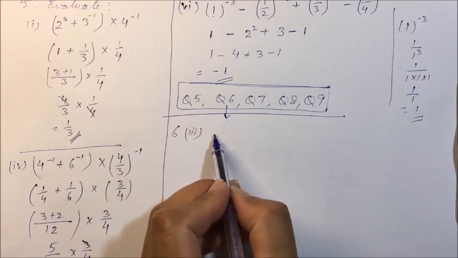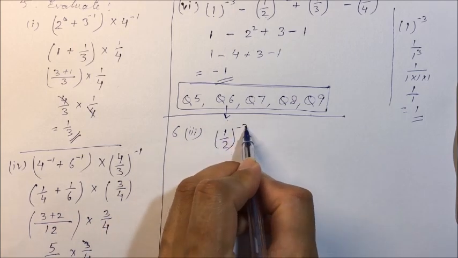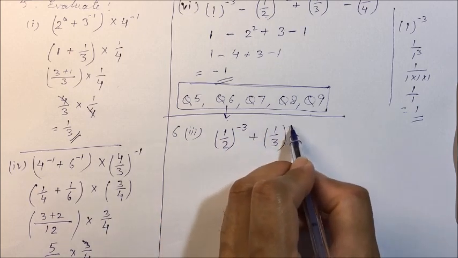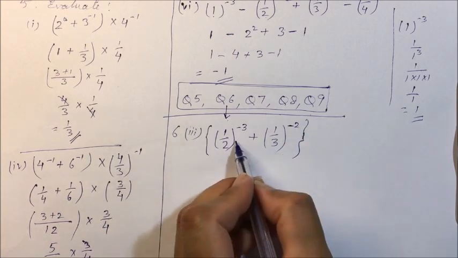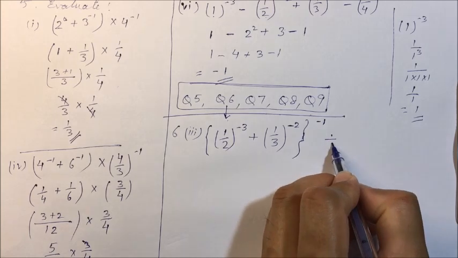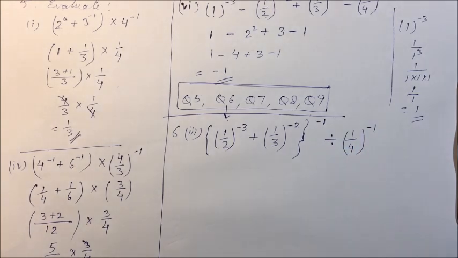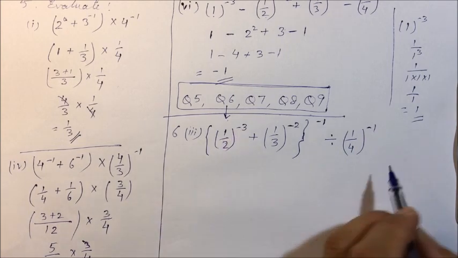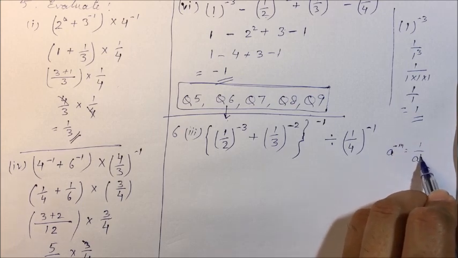So 6th, third I am taking: (1 upon 2 raised to power minus 3 plus 1 upon 3 raised to power minus 2), both in brackets, the sum is in bracket, and the whole raised to power minus 1, divided by 1 upon 4 raised to power minus 1. So first we'll apply the law, a raised to power minus m will be 1 upon a raised to power m.